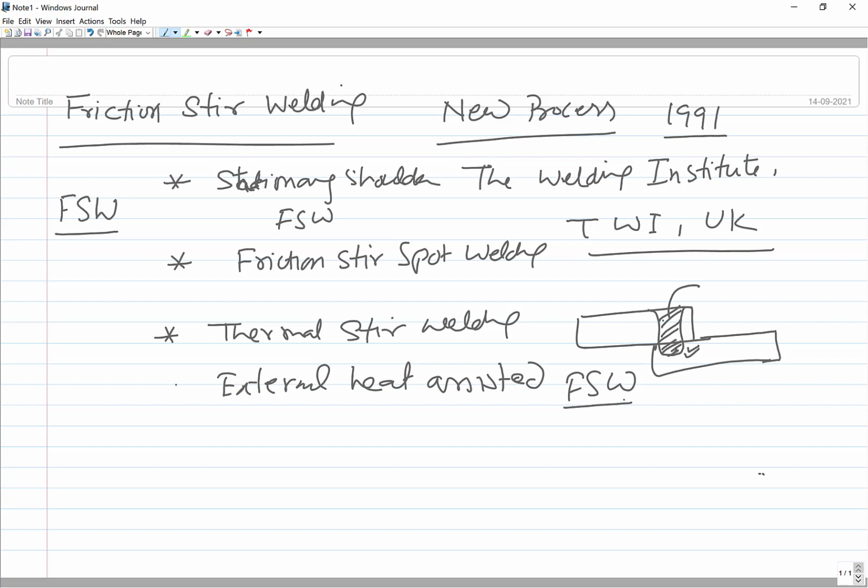Okay, so these are some of the variants on which people are working, and a lot of things are going on in order to develop different metal joining or dissimilar metal joining.